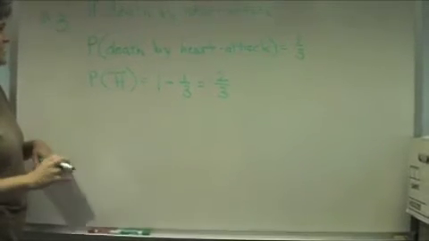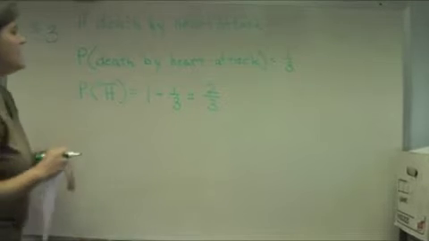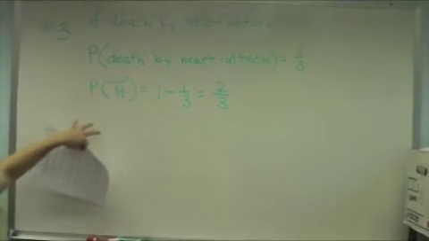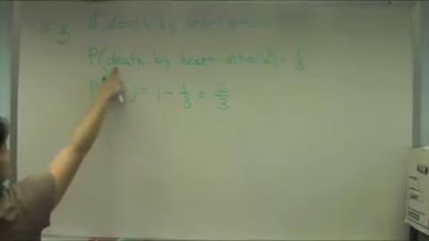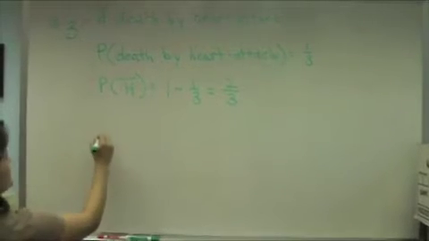Okay, so first thing you do is note all the probabilities that you're given in the problem, and then try to build your tree. Now you want to build your tree based on a simple event. And dying by a heart attack is a simple event. Nothing else is going on there.